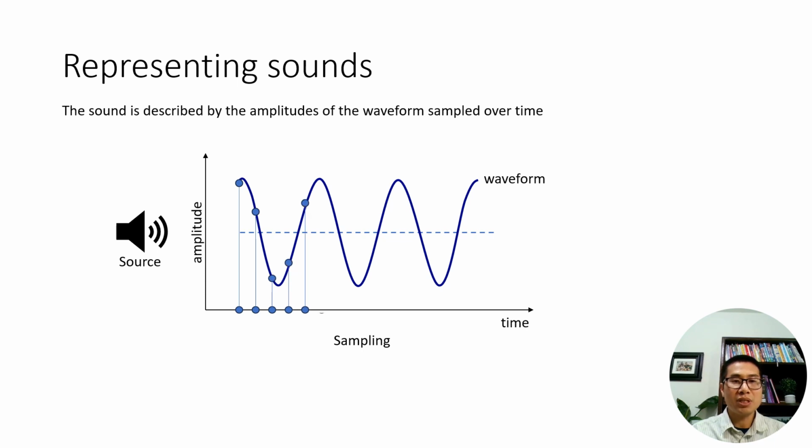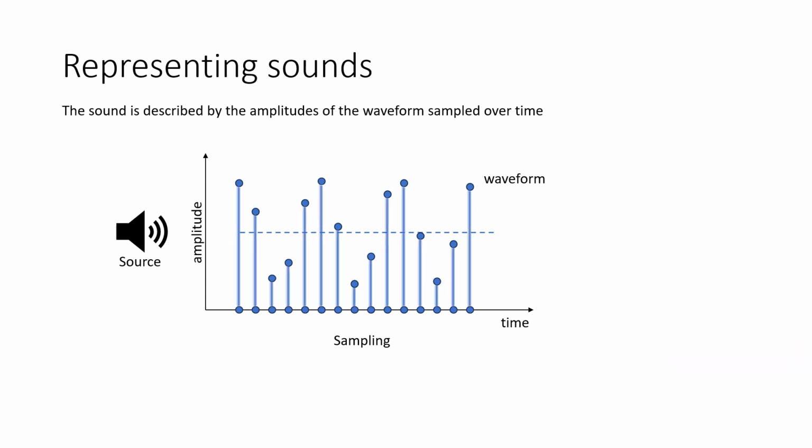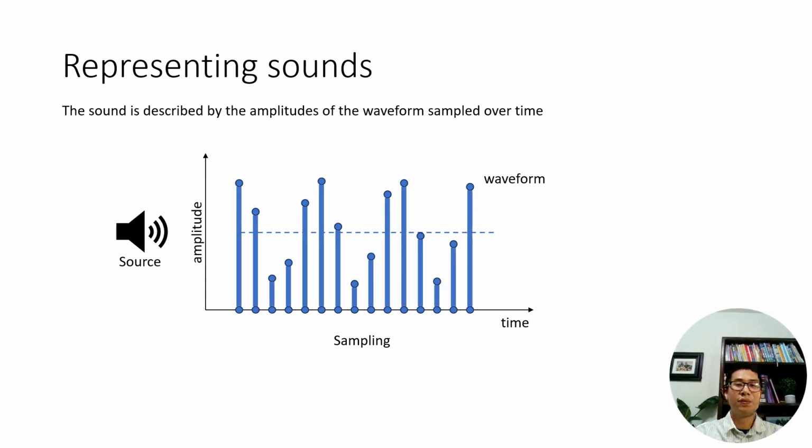So the sampling process happens this way. At some point in time, we sample for the amplitude, at some point in time, sample for the amplitude, and so on and so forth. Then from there on, we have the description of the sound in terms of the samples, amplitudes of the waveform.